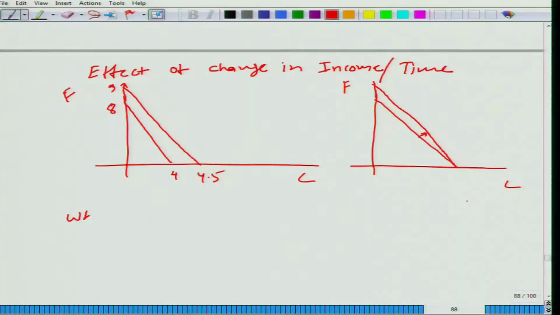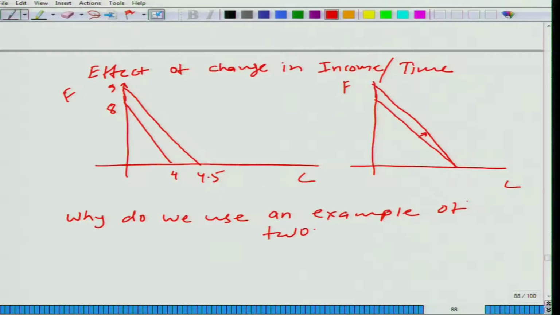Now, also let me tell you why we use an example of a two good world. Can you think of it? Why do we use the example of a two good world? Why not 3? Why not 4? One reason is trivial, that I had shown you: we can map two goods in a graph.